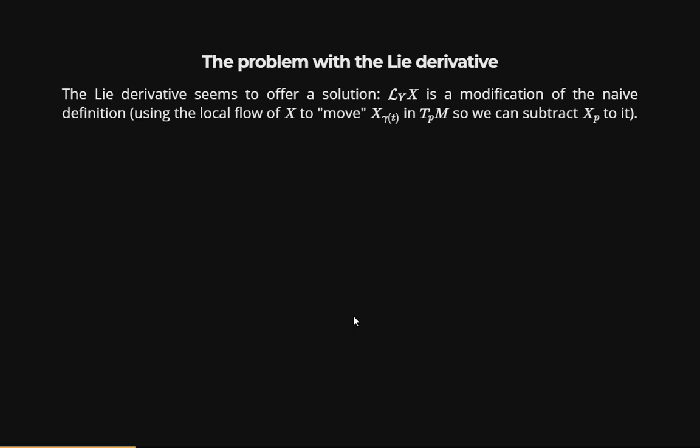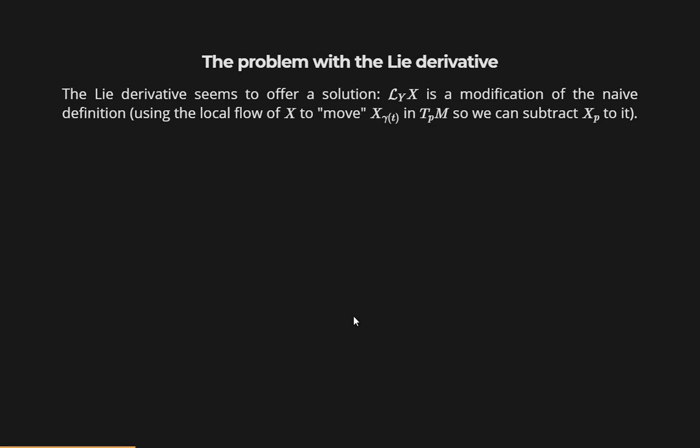Now, we have the Lie derivative, which kind of does the trick, but it's not really okay. So the Lie derivative, we recall, is obtained by moving X along an integral curve of the flow of Y. Okay, full of errors today.